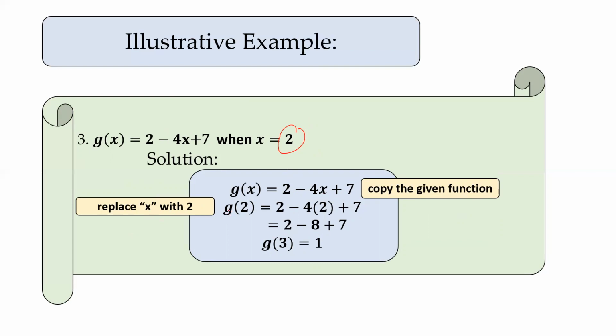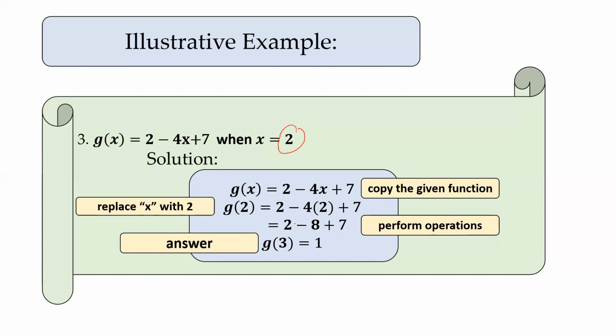That would become g of 2 is equal to 2 minus 4 times 2 plus 7. Perform the operation. 2 minus 4 times 2 would become 2 minus 8 plus 7. Then simplify the expression. That would give us the final answer of 1 because 2 minus 8 is negative 6, plus 7 would give us positive 1. And this is the final answer.